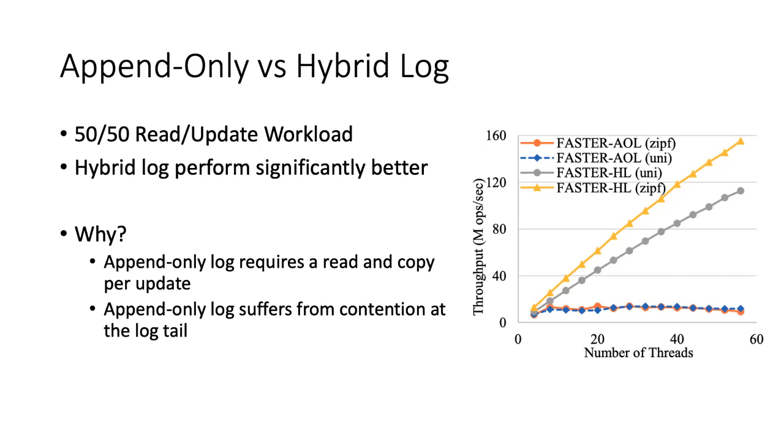The claim is that because we need to read and copy every update in the append-only log, which is characteristic of append-only logs in general, it introduces so much overhead that even if we increase the threads, there's just too much contention at the tail. These read-modify-writes and the contention of updating the tail are too high compared to the hybrid log, where we can just update things in place. We don't really need to make many changes to the index, and there's no contention on the end of the log, because we're just updating things where they are, so in-place updates.